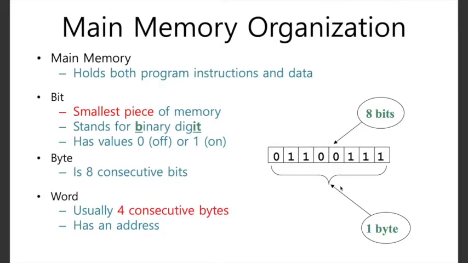How does the main memory actually store your program? The main memory actually stores both program instructions and data. What does it mean? For instance, if you want to add 2 plus 3, then the instruction is addition and the data is 2 and 3.